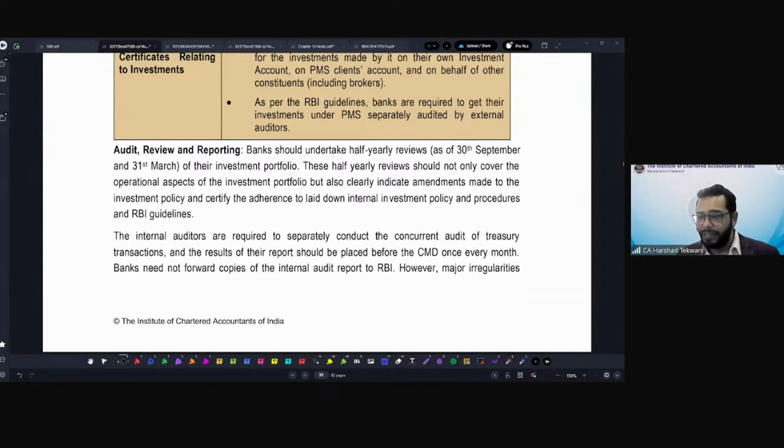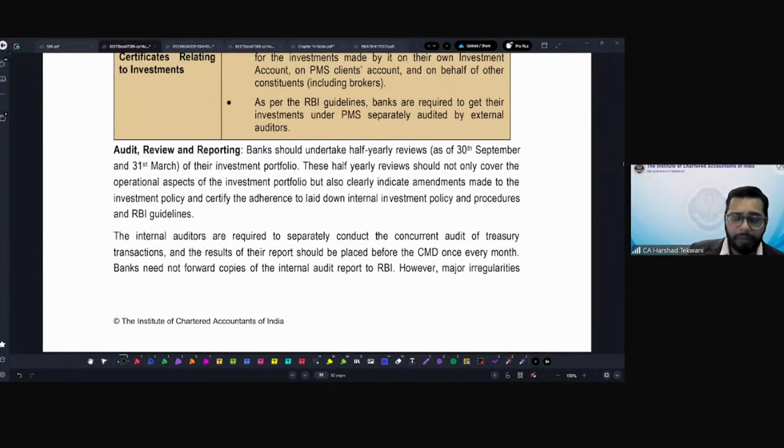Basically, I would first discuss the asset classification in case of advances. Okay, or assets basically. Now, when it comes to the asset classification for the banks, it works in a similar way to what we saw in case of NBFC. In case of NBFC, the asset classification was standard, substandard, doubtful, and loss. It is the same over here.